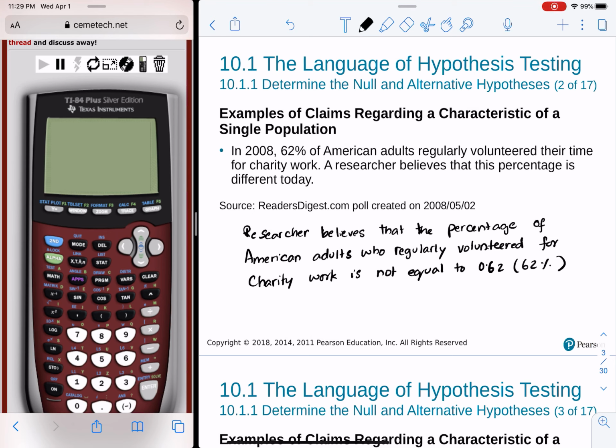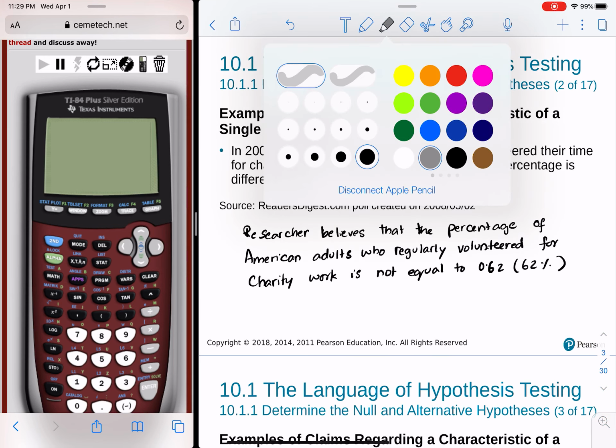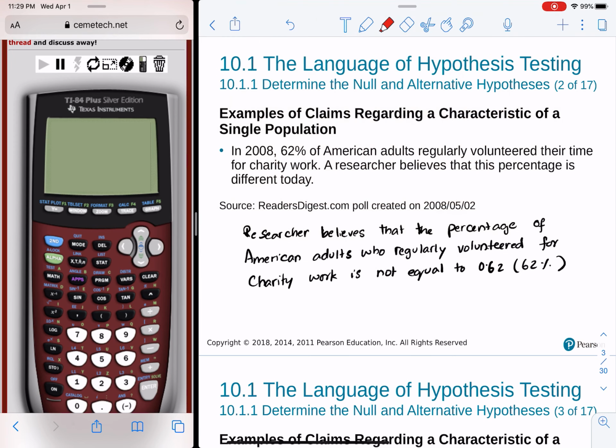But what does the researcher believe today? The researcher believes that the percentage of American adults who regularly volunteered for charity work is not equal to 0.62 or 62%. So this is the researcher's belief.